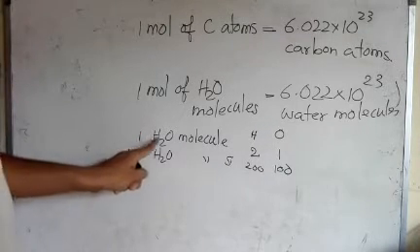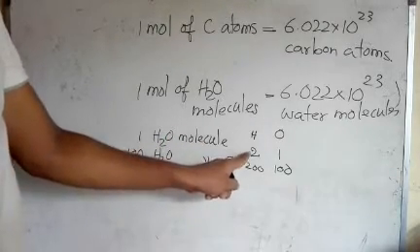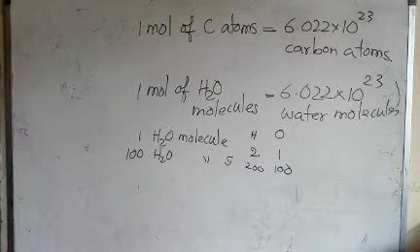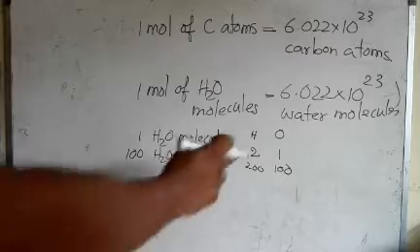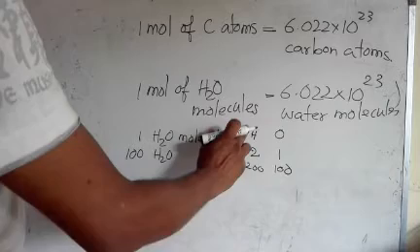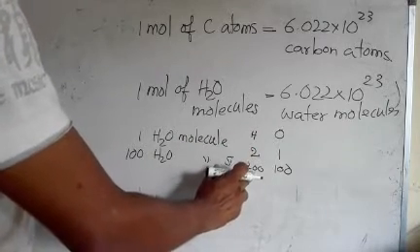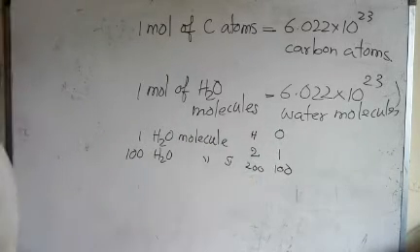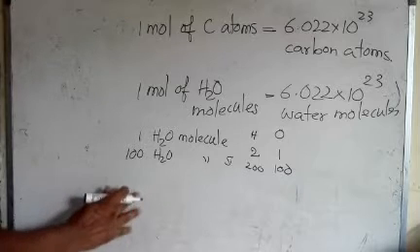So in one water molecule, two hydrogen atoms and one oxygen atom. In 100 water molecules, 200 hydrogen atoms and 100 oxygen atoms.